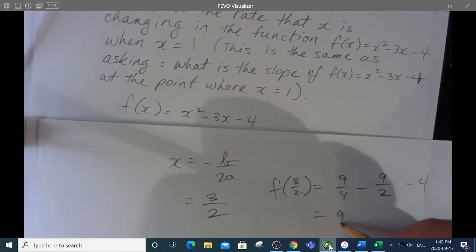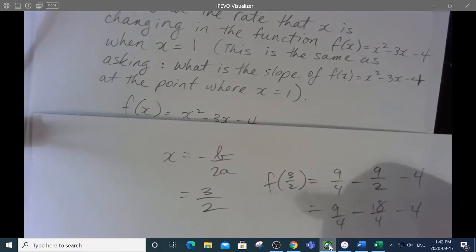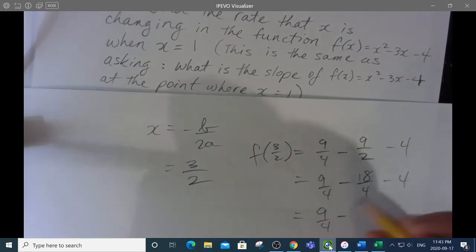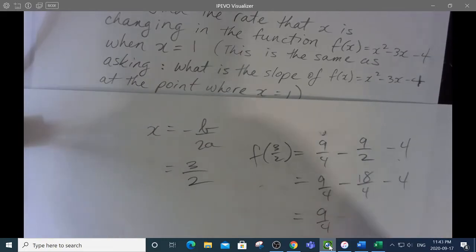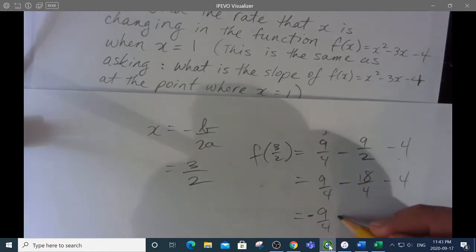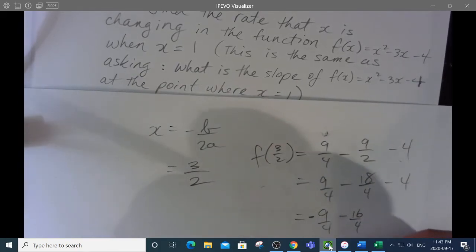So that would be 9 fourths minus 18 fourths minus 4. 9 minus 18 is negative 9 fourths, minus 4, so minus 16 fourths. So I'm looking at negative 27 fourths.